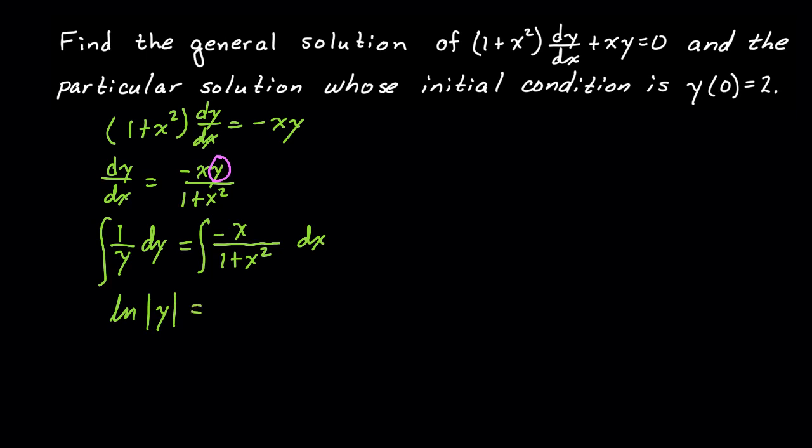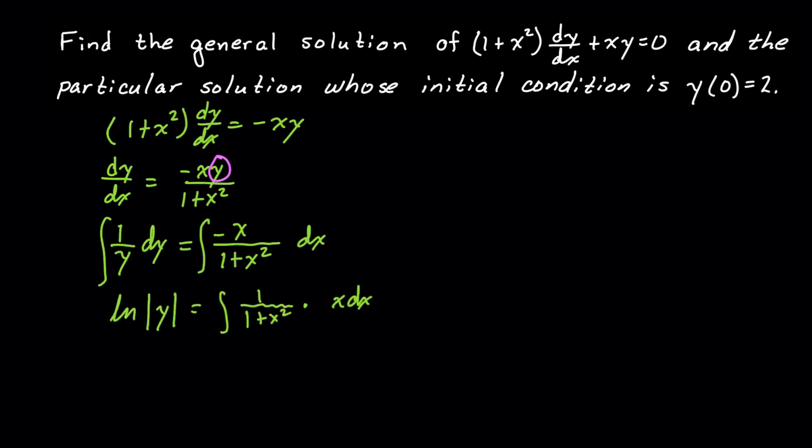Now the integral of this is going to involve u substitution, so I'm going to take a little bit of time here and work through this. I'm going to make this 1 over 1 plus x squared times, and I'm going to bring the negative out front and put the x next to our dx. Now if we let the u value be our denominator right here, then du would be 2x dx. So that means I need to put a 2 here and a 1/2 out in front.